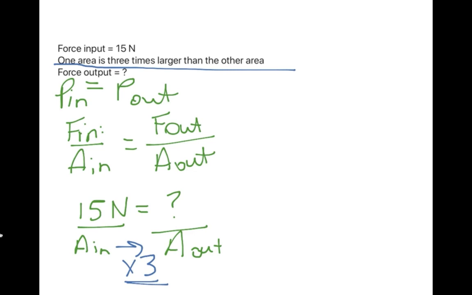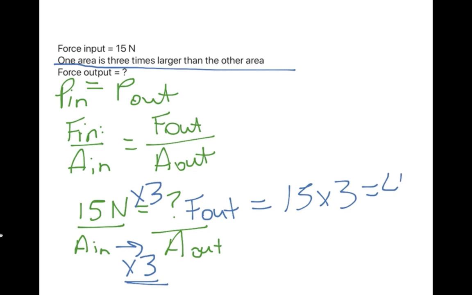I know area output is the larger area because it always is the larger area. And I don't get to say always very often, but this is always the largest area. So what I do on the top, I do on the bottom. What I do on the bottom, I do to the top. So 15 times 3 will give us that force output. So 15 times 3 is 45 newtons.